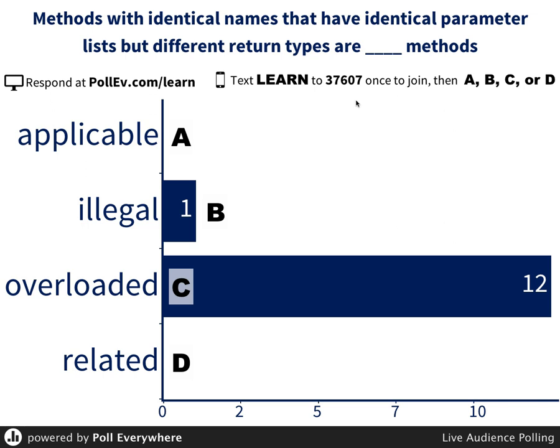1, 2, 3, 4, 5, 6, 7, 8, 9, 10, 11, 12, 13, 14, 15, 16, 17, 18. I see 18 people here. So we have a few more people that have not answered. Come on, guys. I know this is early in the morning and I'm kicking your brain awake, but if you answer the questions, it's good for you.